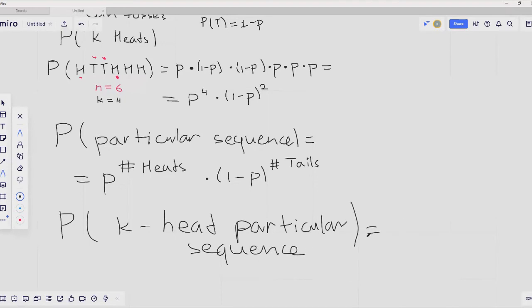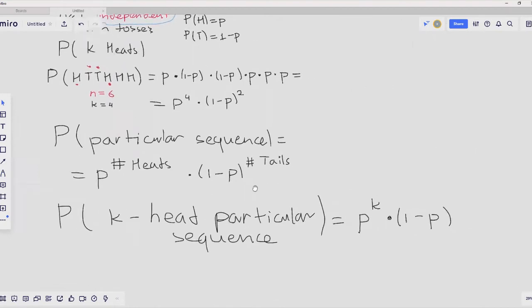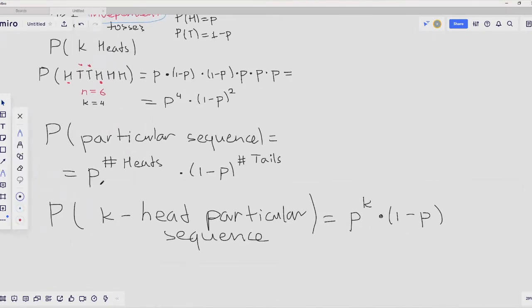So it is going to be equal to p to the power of number of heads. We have k heads, so p to the power of k multiplied by 1 minus p to the power of number of tails. Number of tails can be derived by n minus k, where n is the total number of our independent trials.